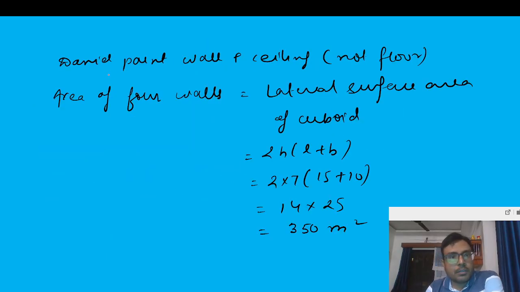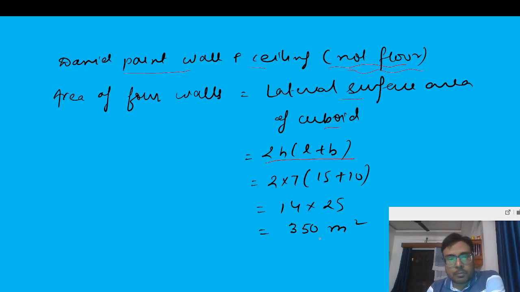So Daniel paints walls and ceiling, not floor. This is important, otherwise your answer will come with the floor. The area of four walls is the lateral surface area of the cuboid, with formula 2 into h, length plus breadth.